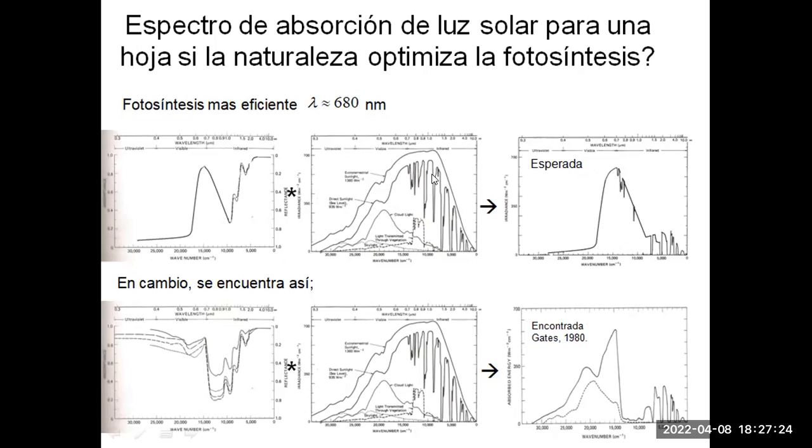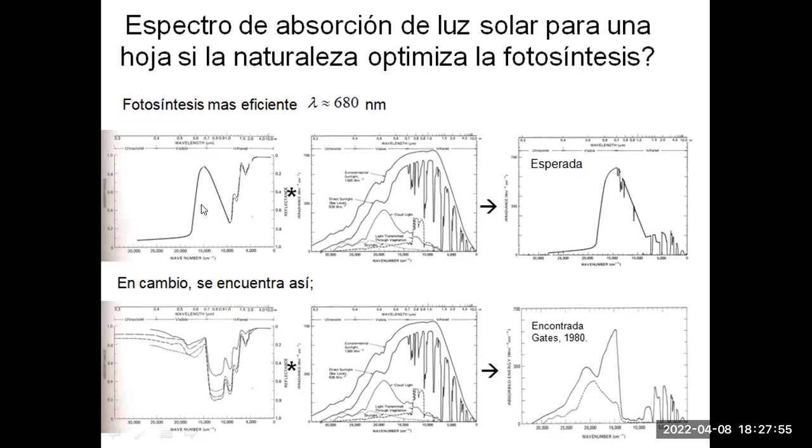And these gaps are due to the absorption of water in the atmosphere. This outer line is the spectrum incident on the upper atmosphere, but this inner line is what we get when we arrive at the surface of Earth because of the absorption of the atmosphere. This is the case for a sunny day, and this is the case for a cloudy day.